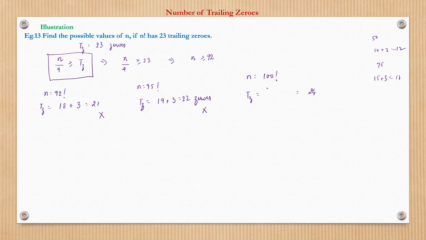Let us see. The same way we get 100 by 5 is 20, 20 by 5 is 4. So that is 24, and that we have got directly. Now see what do we get?